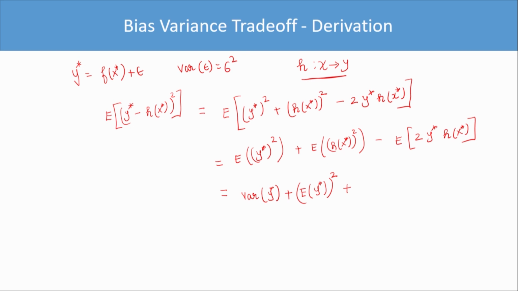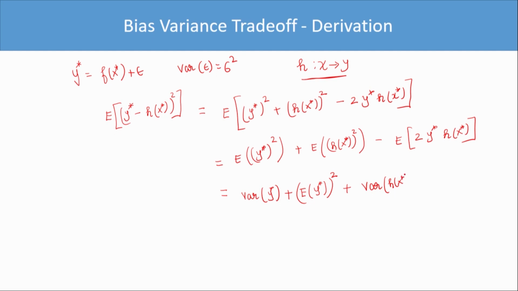Remember, h of x star is also random. It's random because the h was learned from a random set of m different training points. This expectation is over the random set of training points, whereas the other expectation is over the randomness in the test point. Y star is only affected by your test point, and your h of x star is only affected by your training set.